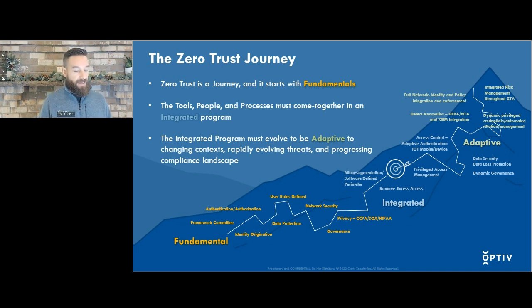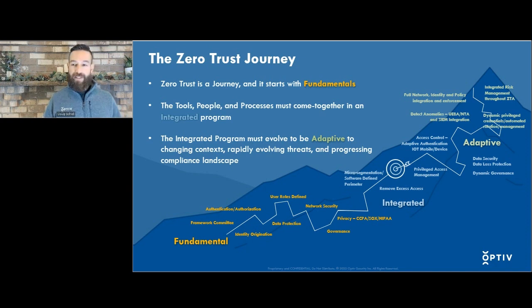That integrated state is where you're bringing the tools, the people, and the process together to ensure that this solution can protect the segments that you need to protect and provide that zero trust experience, right? And then the final part of that is to make it adaptive. That's where you're evolving the solution over time. You're continually monitoring, you're improving its proactive capability, not just the reactive capability. And we'll get into that in a little detail later here.